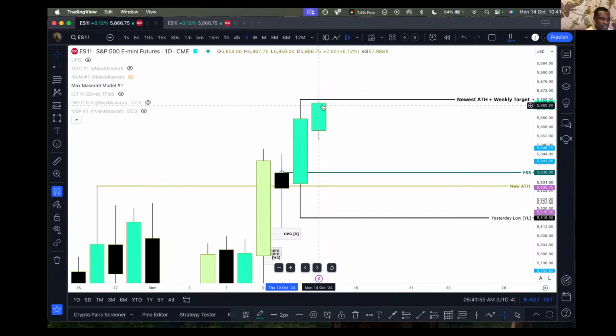Once the buyers distribute to this level on top of the newest ATH, I'm highly expecting that price during this week goes up and takes this liquidity here. If there's no new buyer coming in to push price higher, and we see a close of price below the newest ATH today, then tomorrow we might expect price to retrace back and push down to take this liquidity down. But let's see how the buyers will react today once they take this level.